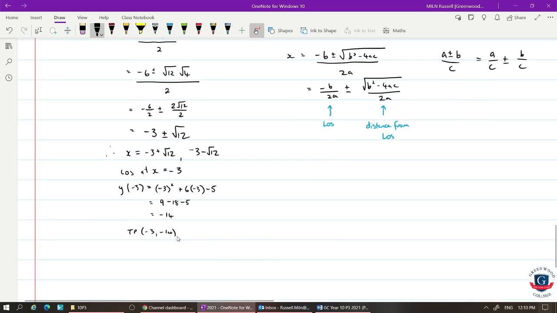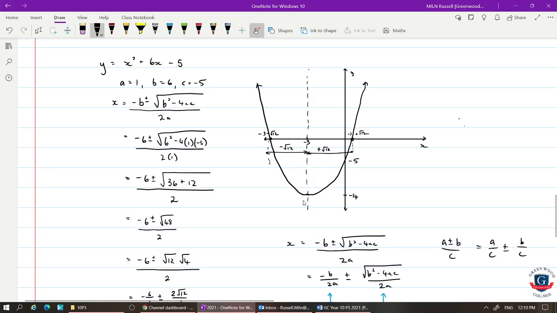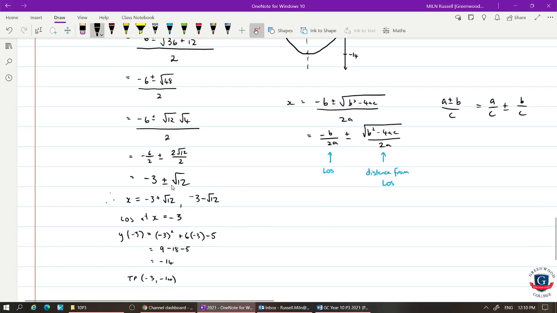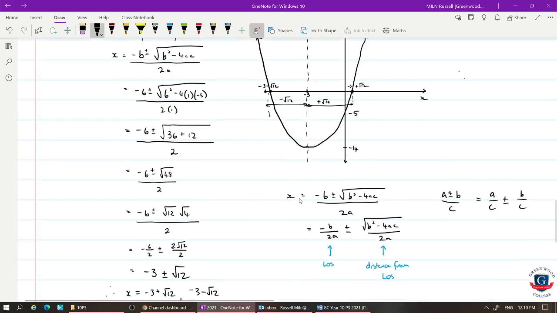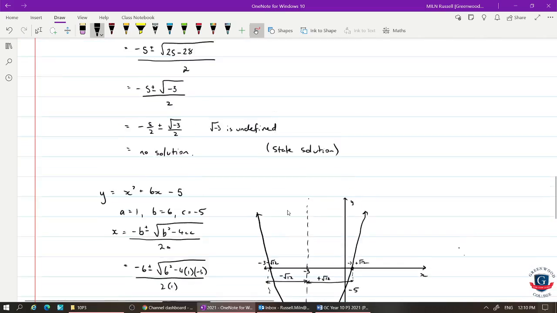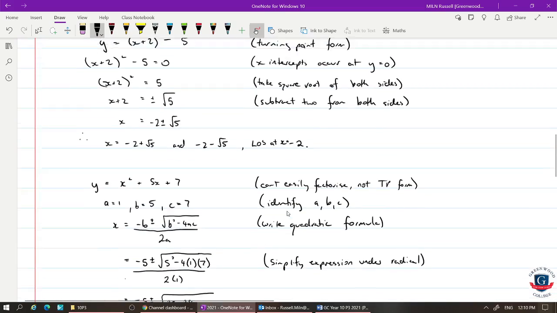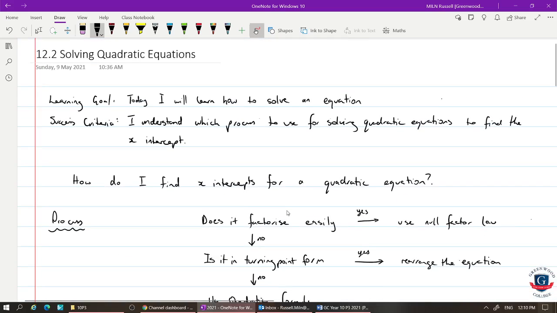And now we can see our function. -3 is our line of symmetry, and we add root 12 and subtract root 12 from it. There's subtracting root 12, there's adding root 12, and there are the two points where it intersects. And that's how you can use solving of equations, because that's all we've done here, to find the x-intercepts. I hope that was helpful. Thank you, everyone.